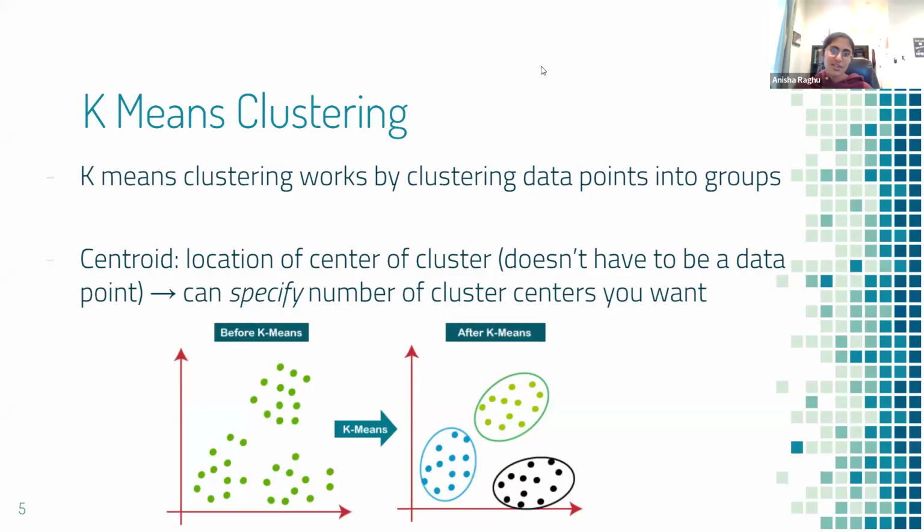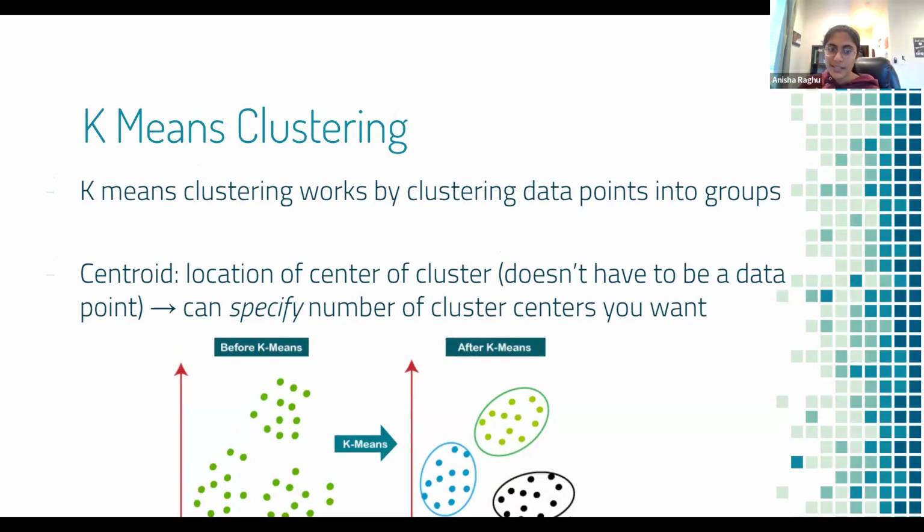Okay, so now we can go into k-means clustering, which is the main topic of our lecture. K-means clustering works by clustering data points into groups. First, we need to learn some terms. A centroid is basically the location of the center of a cluster. This does not have to be a data point. It's just the general center of a cluster.